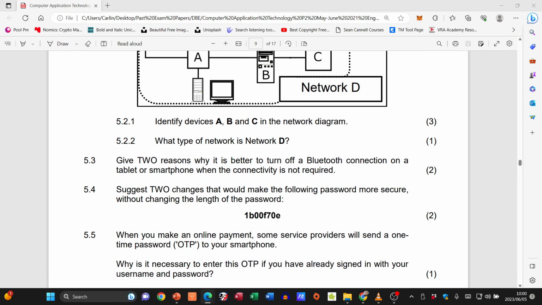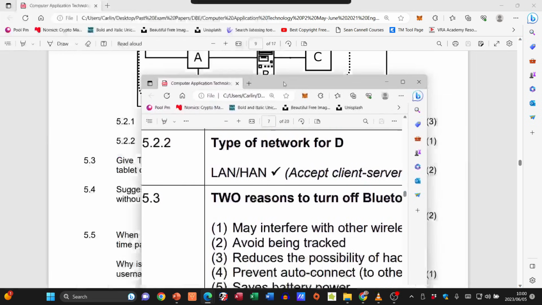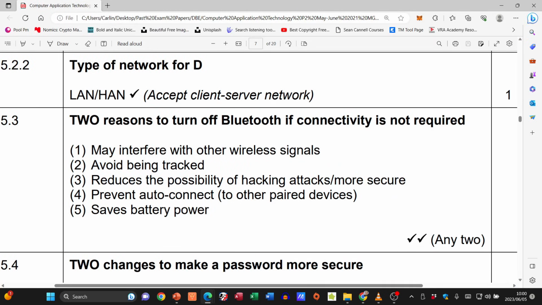5.3. Give 2 reasons why it is better to turn off a Bluetooth connection on a tablet or smartphone when connectivity is not required. Now, there are a couple of reasons, and I'm going to show you here also from the memo from time to time. Here you can see a number of the reasons. It may interfere with other wireless signals. You want to avoid being tracked.